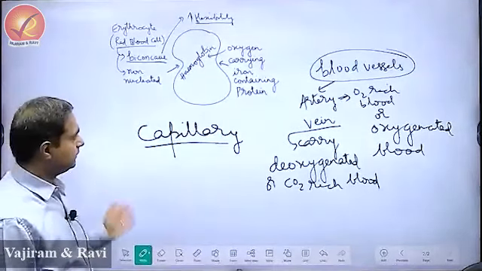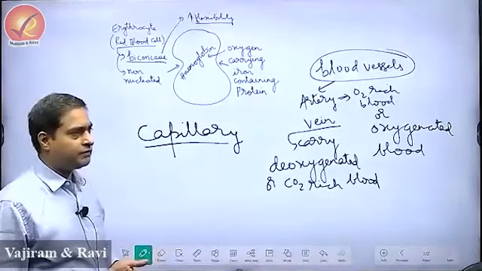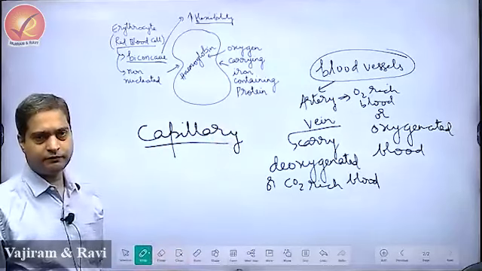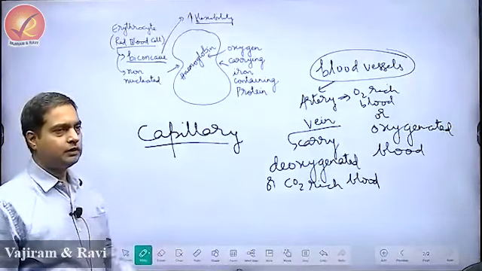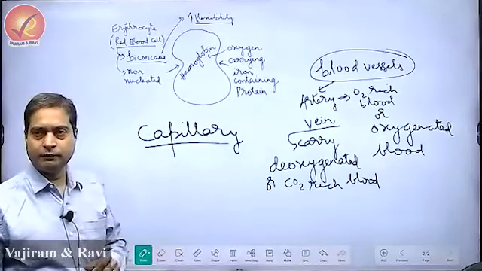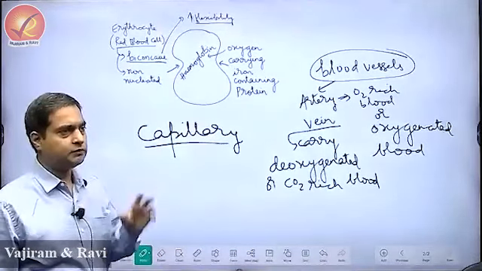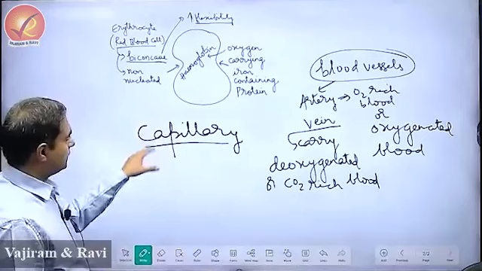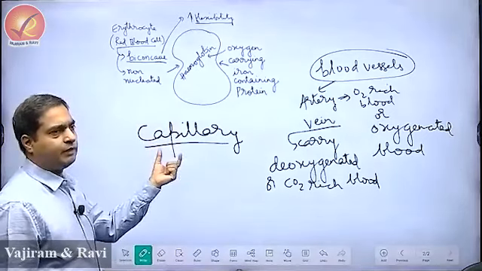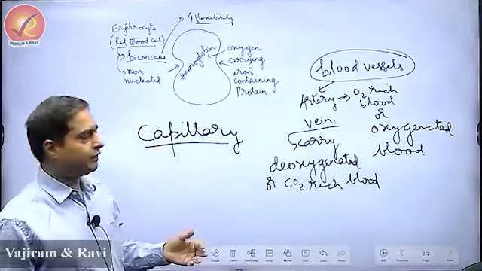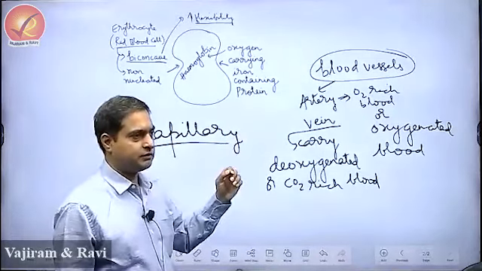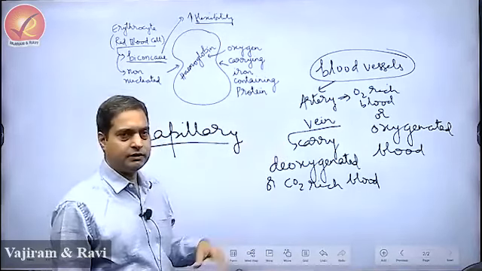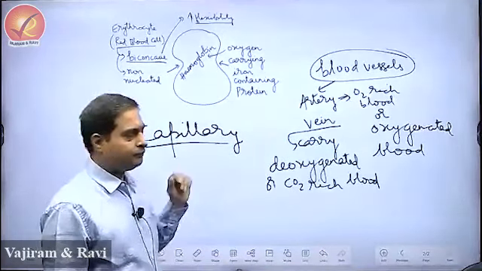So this is the thinnest blood vessel, called capillary. These are branches of arteries and the veins. If they have to enter into a space like your kidney, your liver, they branch into smaller arteries, smaller capillaries further. Smaller means here the diameter of this capillary will be narrower than the diameter of the larger blood vessels, narrower than the arteries and the veins. These are the branches only of them.